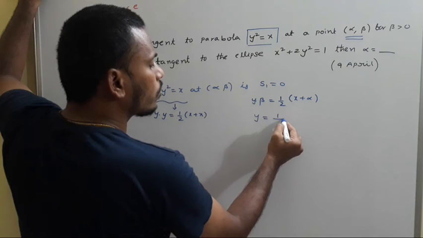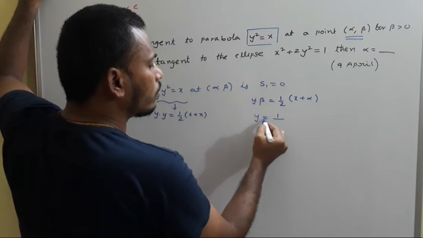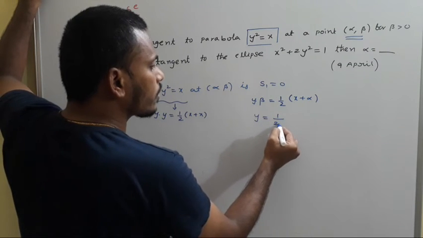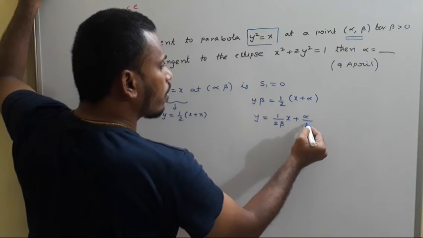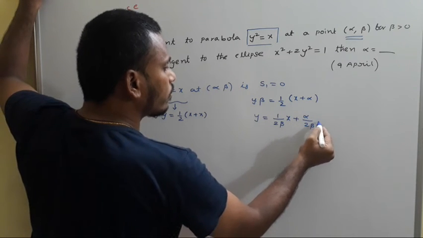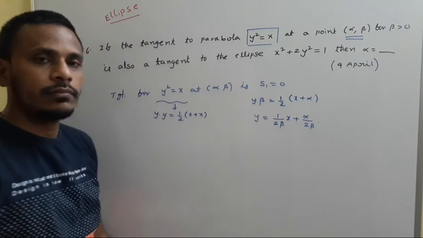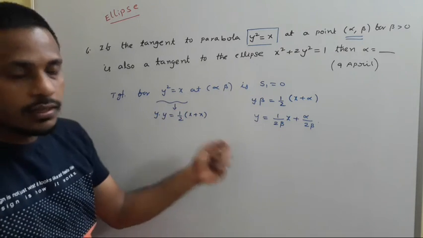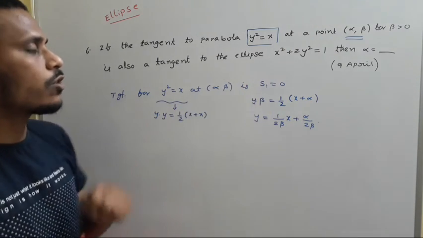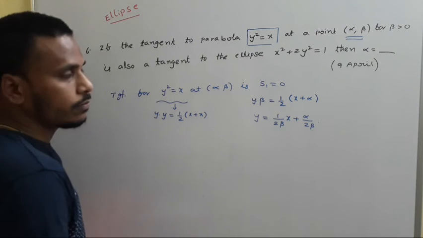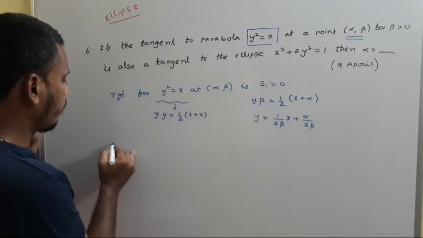So y equals 1/2 beta into x plus alpha by 2 beta. Now this is also a tangent for x square plus 2y square equals 1.